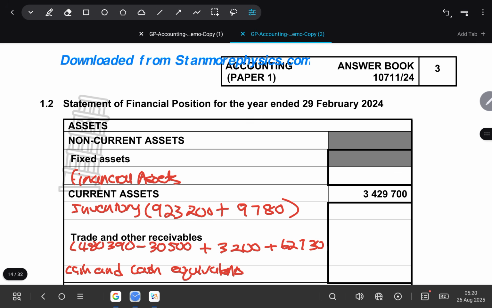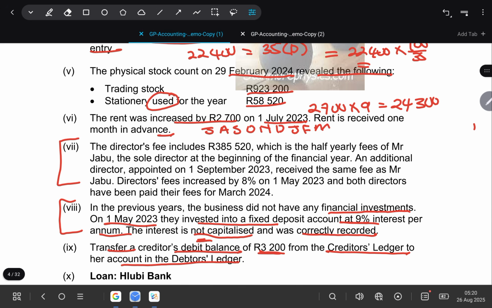So we're going to say 94,500 multiplied by 100 over 9, because they said they invested it at 9%. Now remember, it was invested in May.